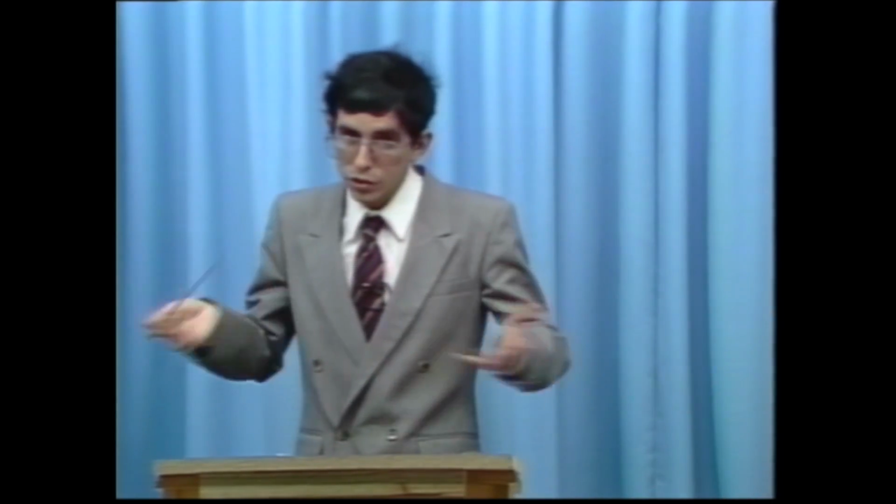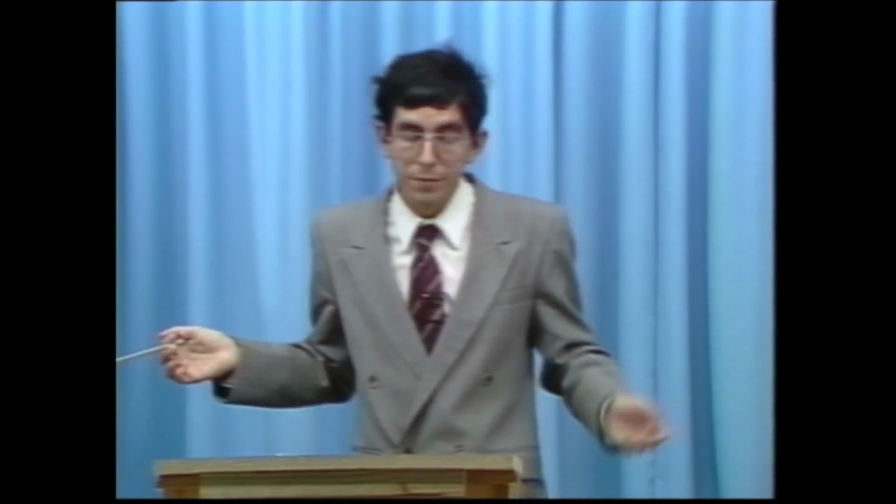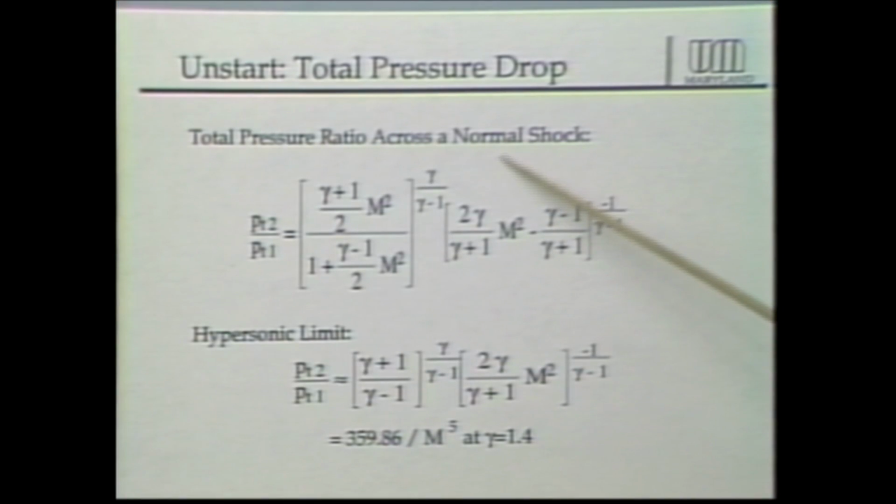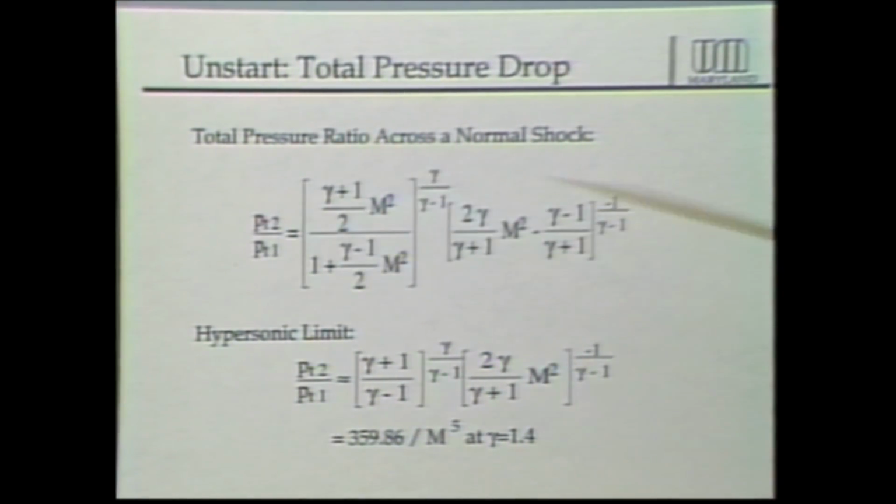Well, one, it's going to change the conditions going to the engine. Thermodynamic conditions are going to change. More importantly, a normal shock has a higher total pressure loss associated with it than an oblique shock. So for a low-speed engine, for a Mach 2 engine, an unstart is going to ruin my engine performance. Well, now let's think about what it will do at high speeds. Let's think about what it will do if we're flying hypersonically.